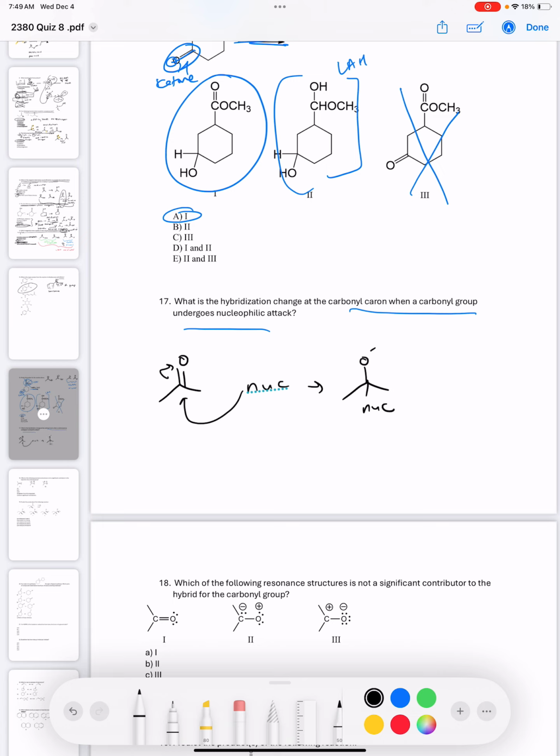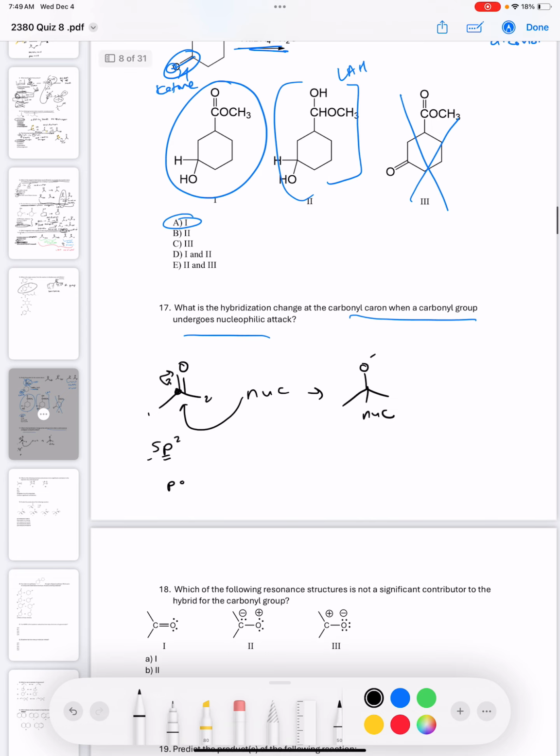So the hybridization here is, there's 1, 2, 3 domains, so sp2, one s and two p's make up 3, and then we still have a p orbital that's left behind. And then over here we have 1, 2, 3, 4 domains, so we must need s and 3 p's to get 4 domains, so that's sp3. So it goes from sp2 to sp3.